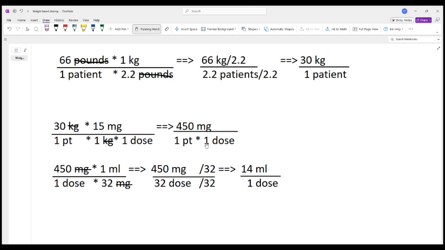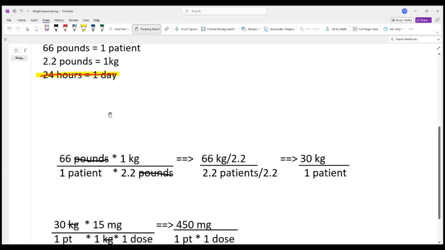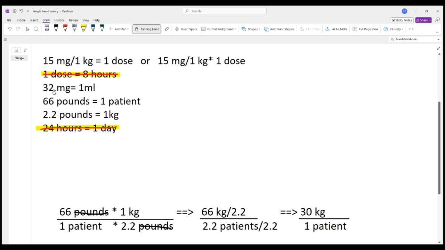No, you're trying to give them 450 milligrams of Tylenol, right? And so if I wanted to be real exact, I could say 450 milligrams of Tylenol. Okay, so now I have this solution right here, right? The thing says, look, there's a solution that has 32 milligrams of Tylenol for every 1 milliliter.